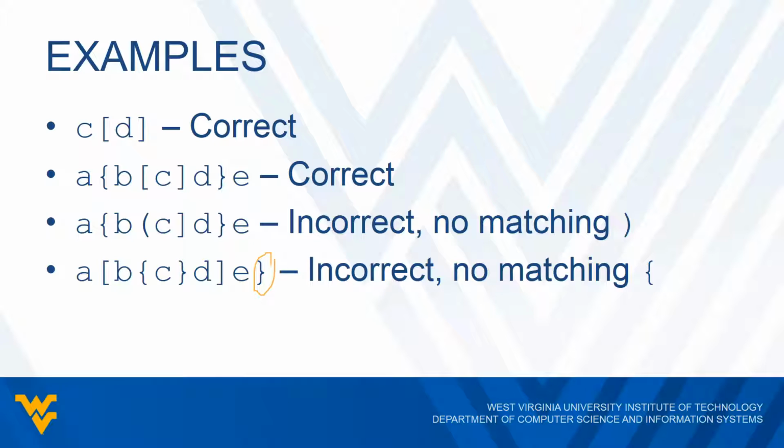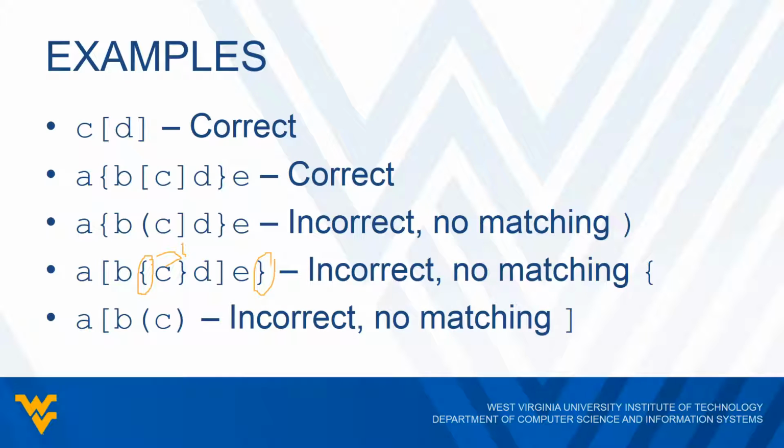We do have a left curly brace right here, but this curly brace corresponds to this right curly brace right here. So we need another left curly brace for this to work. And then this example right here is also incorrect. We have the pair of parentheses, so we're good, and we have a left square brace, but we still need a right square brace that's missing, so this is incorrect.